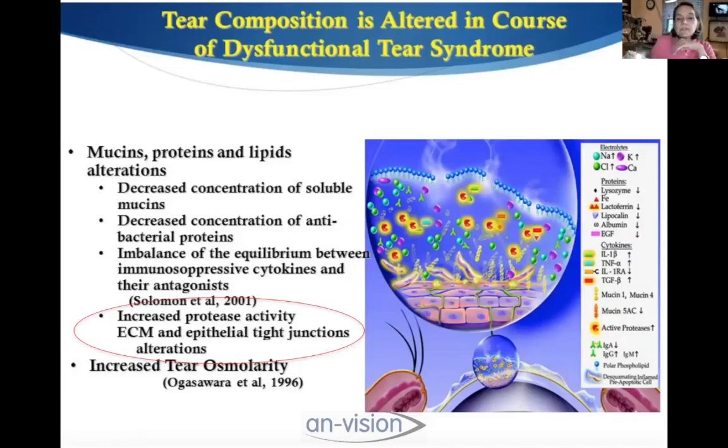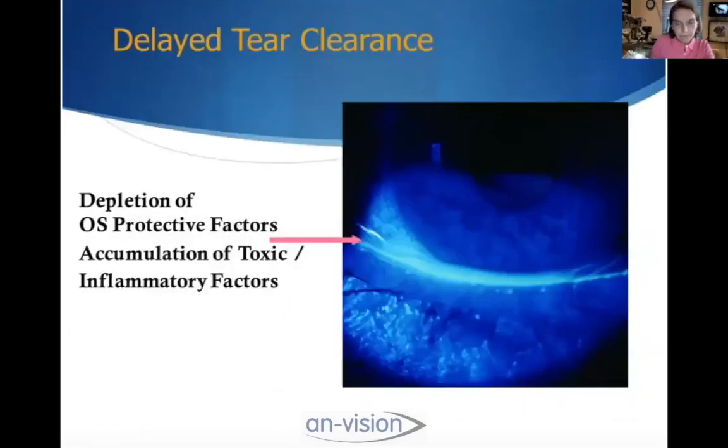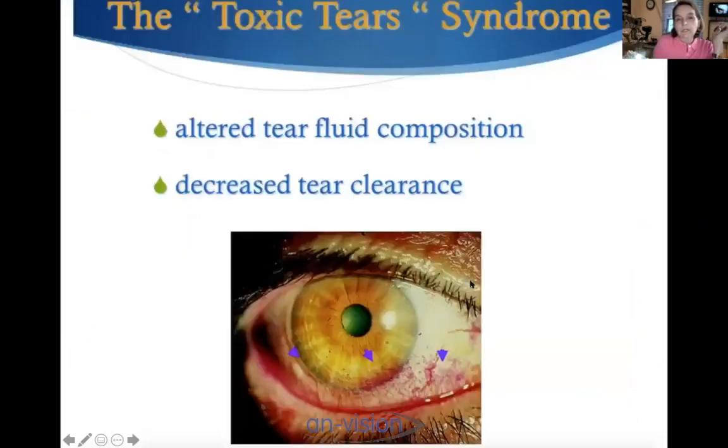The increased tear osmolarity, again, is mentioned here. We don't really take too much focus on that in animals yet. And I'll show you why. So when you have this altered tear accumulation and you have a depletion of protective factors, the bad thing is that they also accumulate here at the lower lid, and you have then a high concentration of inflammatory factors right there.